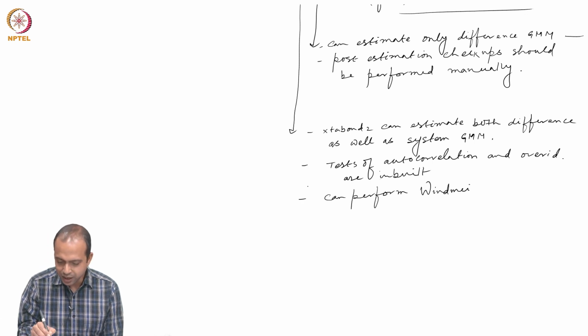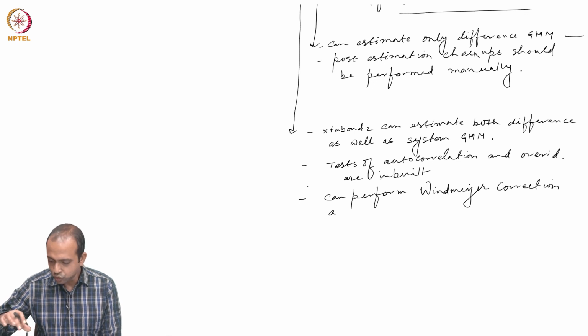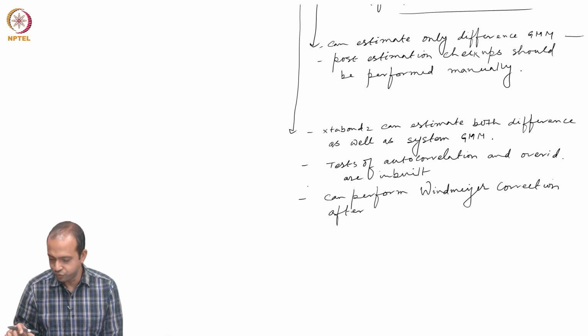So, these are the advantages of xtabond2 over xtabond. This xtabond2, developed by David Roodman, can perform these interesting features. It can estimate both difference and system GMM.